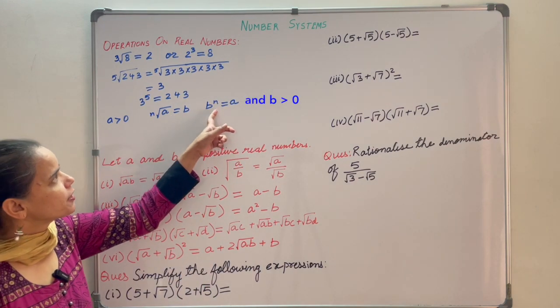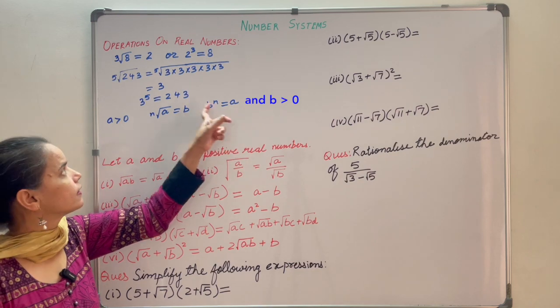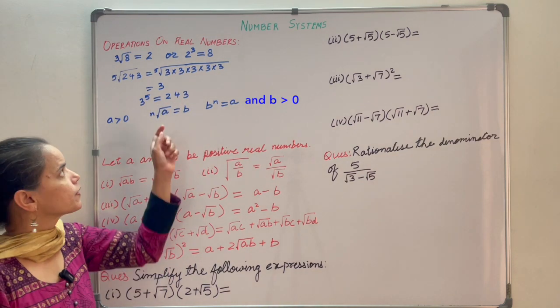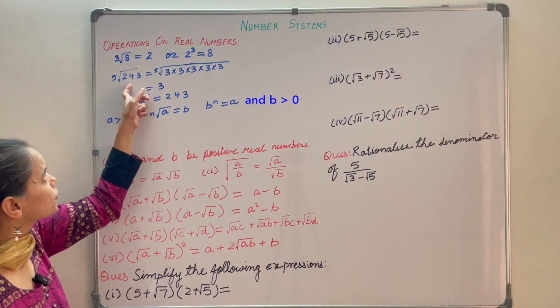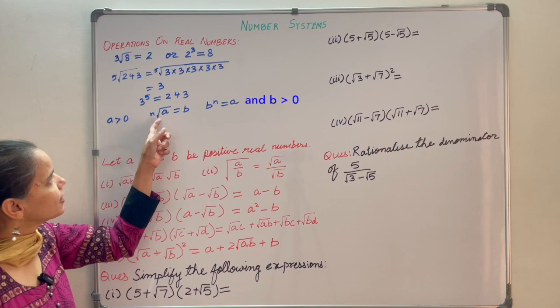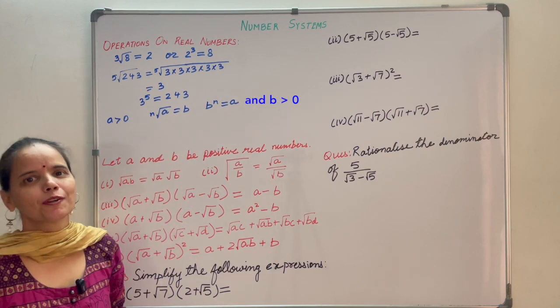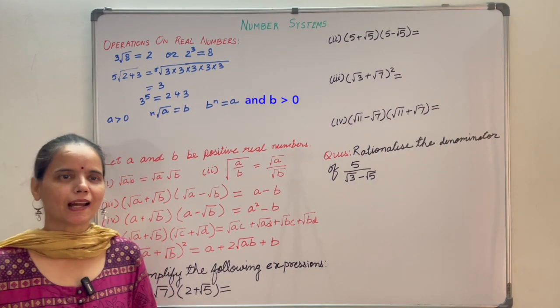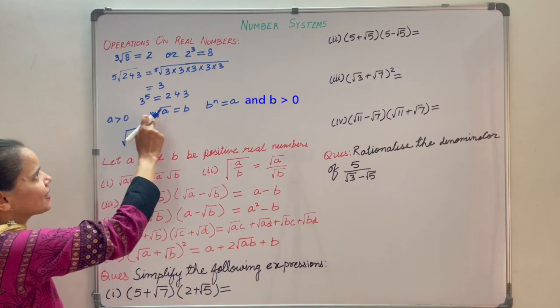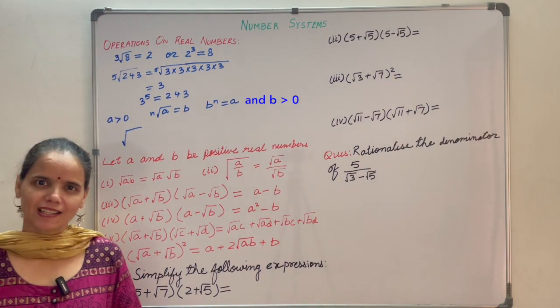See here, b raised to power n is equal to a. So here 3 raised to power 5 is equal to 243. Or you can say that the fifth root of 243 is 3. So that is written over here. Nth root of a is equal to b. Please note that this symbol which is used here, here and here is called the radical sign.